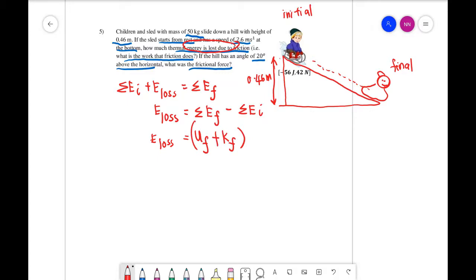At the initial position, it is at a particular height from ground level, so there is initial potential energy.